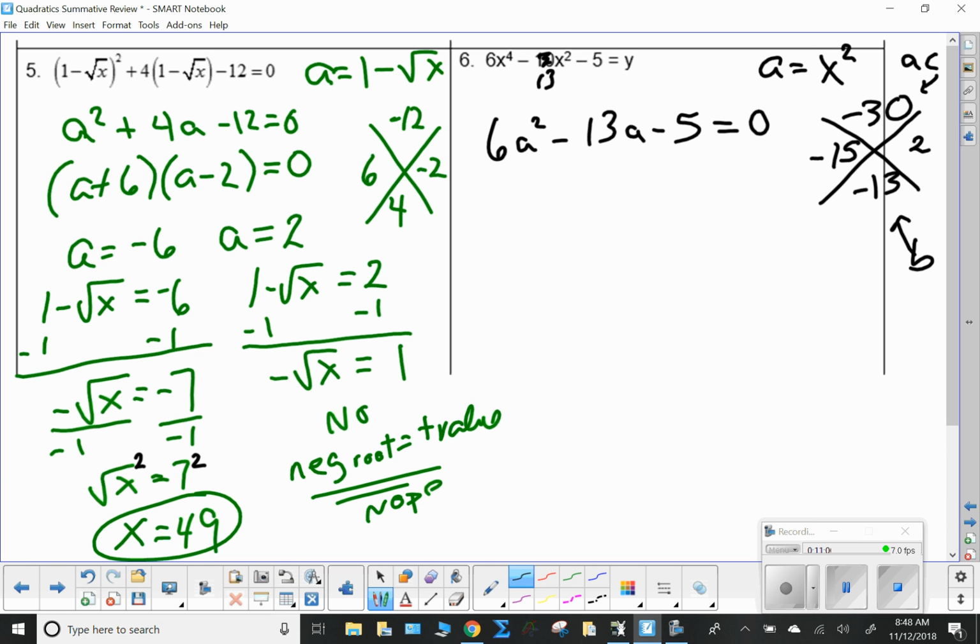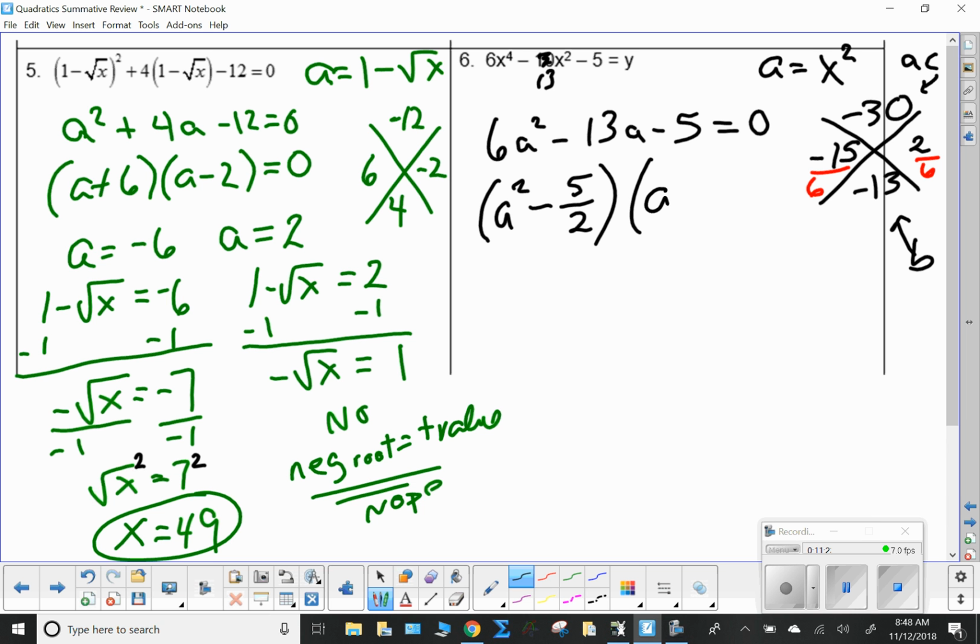But wait, a is 6. So I got to figure out how to deal with 6. So I got to bring 6 back into my equation. So now I'm going to have a squared minus. I'm going to reduce this. 3 goes into the numerator 5 times, into the denominator twice.